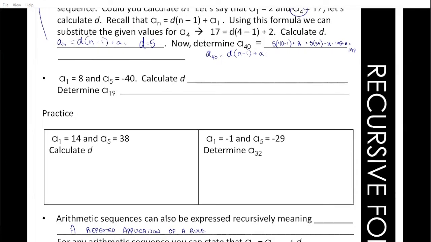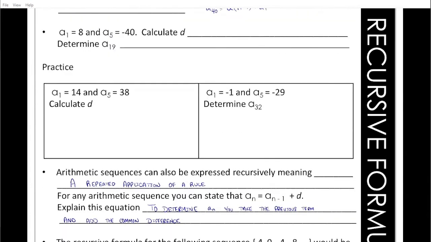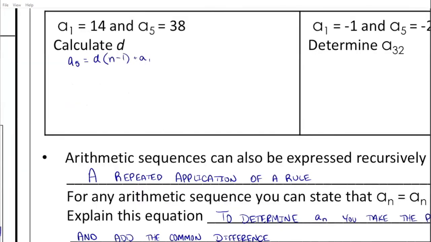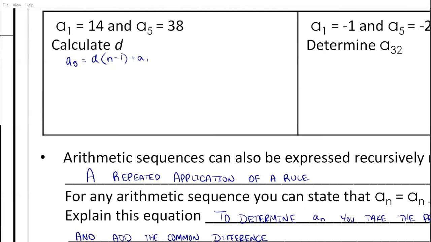Let's do this practice down here. So A1 is 14. A5 is 38. When we set up our equation to find our common difference, we're starting with A5 equals D(n minus 1) plus A1. And then we just substitute the players into the game. A5 is 38. D is our unknown. We're on the 5th term of the sequence, so the 5 goes in our parentheses, and then plus 14.